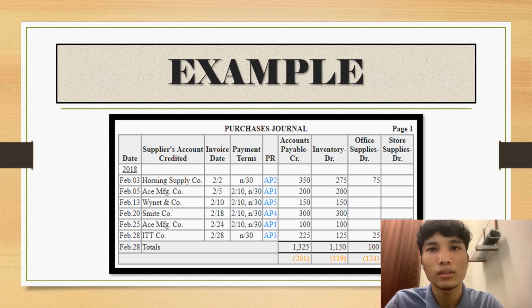The posting reference is AP2, AP1, AP5, AP4, AP1, and AP3. Then the accounts payable credit is 30.